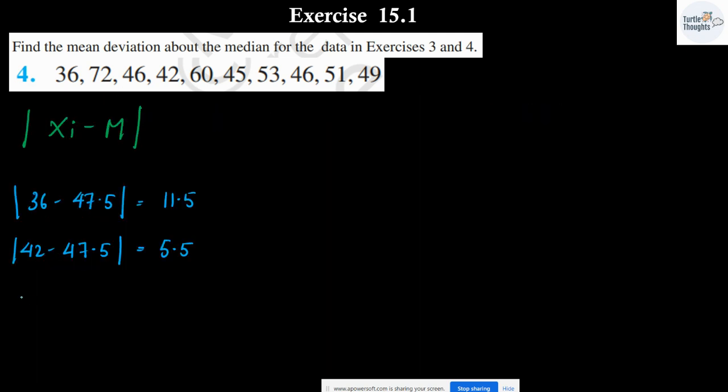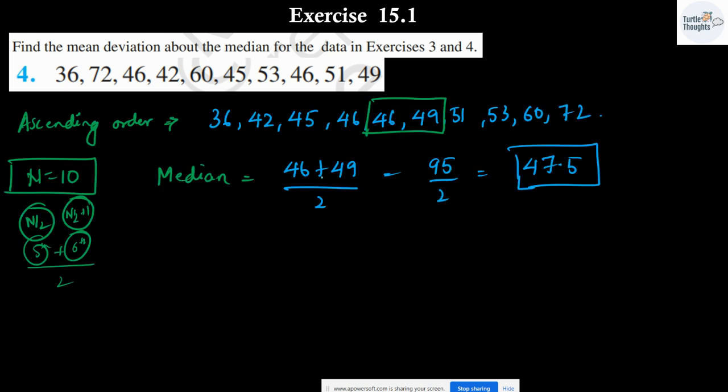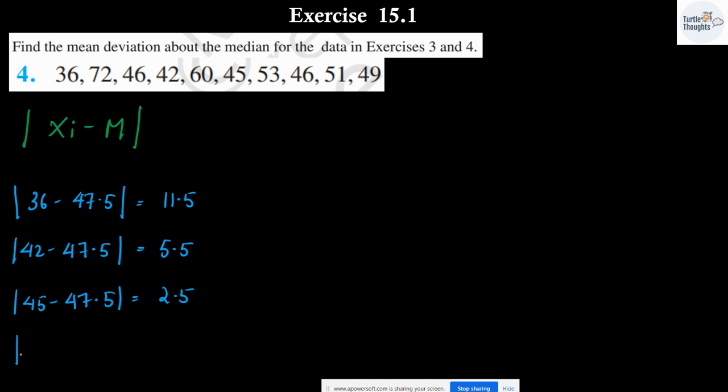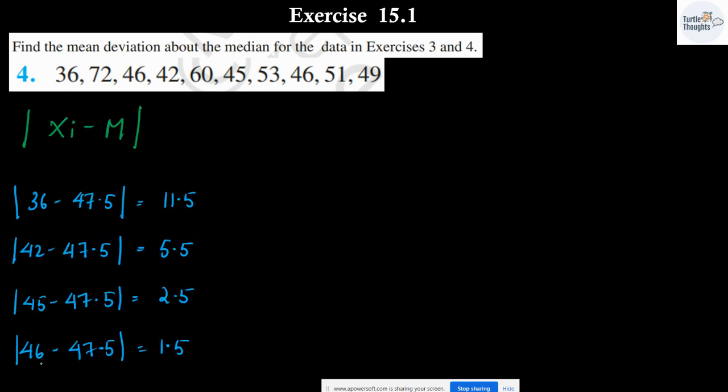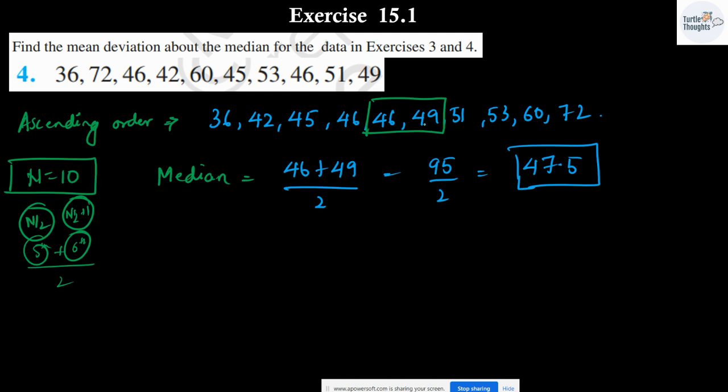Next I will be taking 45 minus 47.5, it is going to be 2.5. Next I have 46 two times, so I can write 46 minus 47.5 as 1.5, and one more time, 46 minus 47.5, it is going to be 1.5, because two numbers are there.